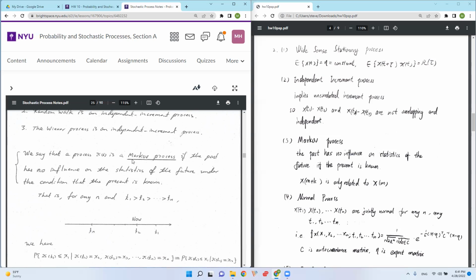Writing it in another way, x of m plus k is only related to x of m, where m is the present time and k is the time to get to the future.